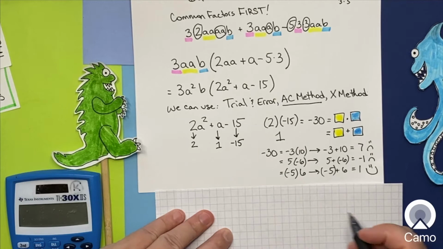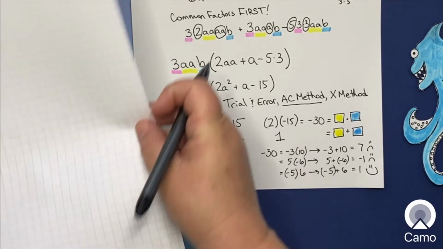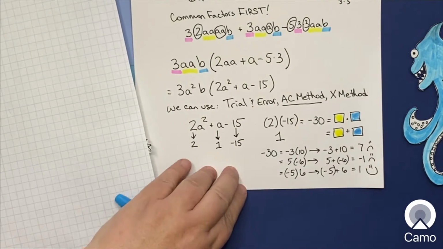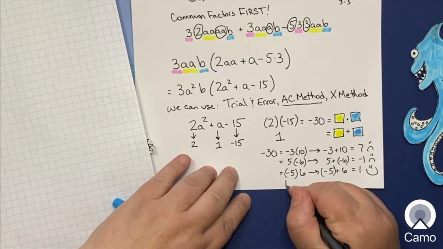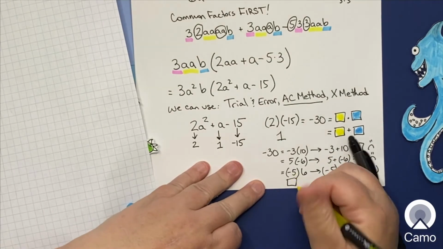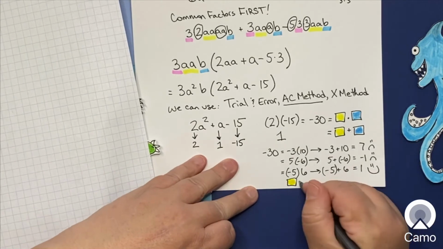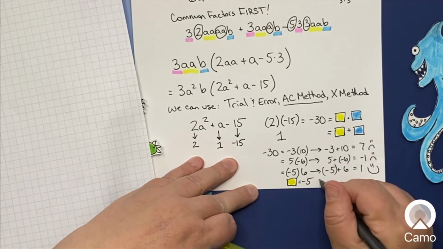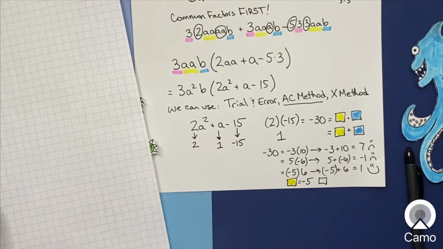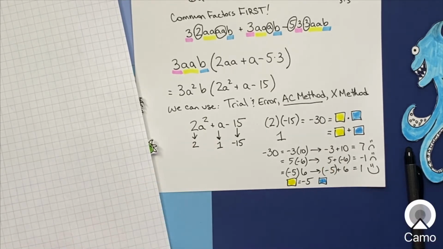So what I find out is that my yellow number is -5, and my blue number is a +6.